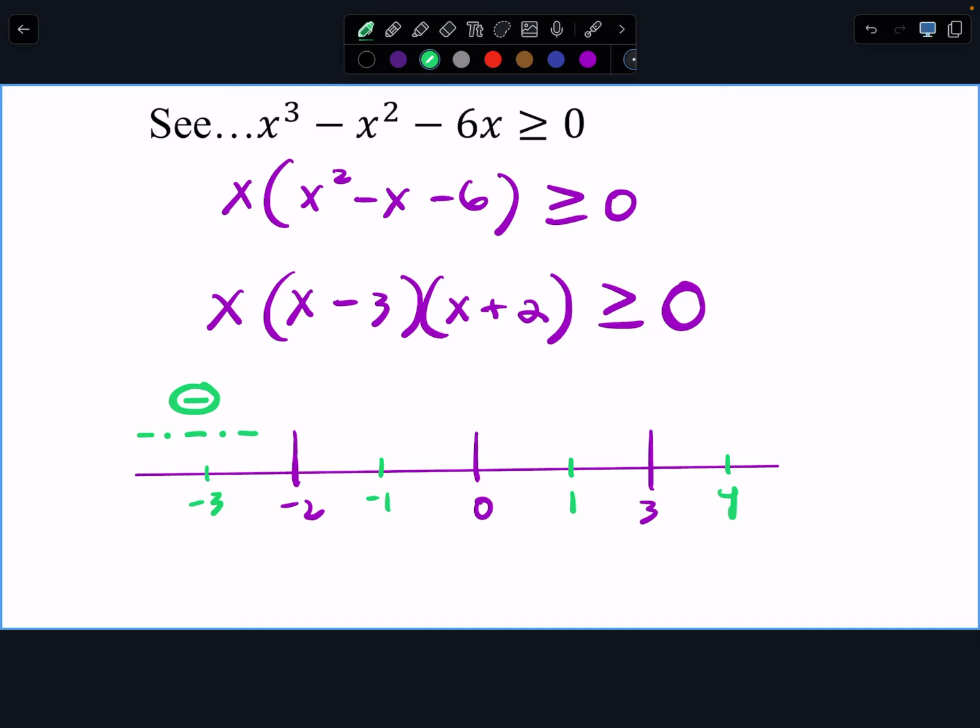And for -1, when we plug that in, that would be a negative times a positive, which would be a positive.